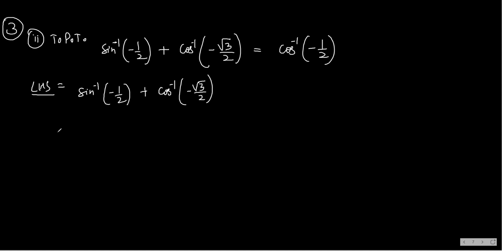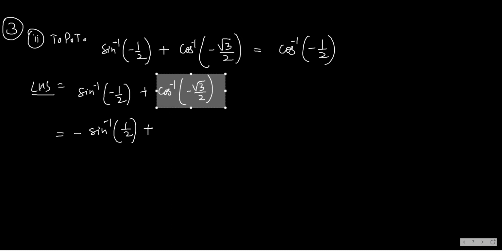Here, sine inverse of negative half is negative sine inverse half. This you will do first. Plus, for cos inverse of negative root 3 by 2, I will write pi minus cos inverse root 3 by 2.